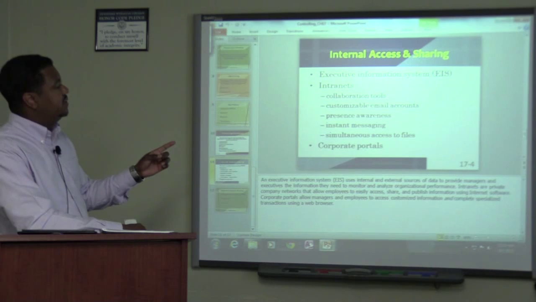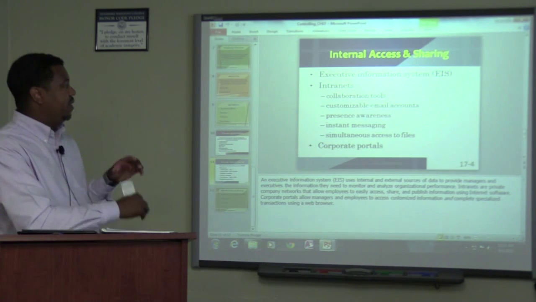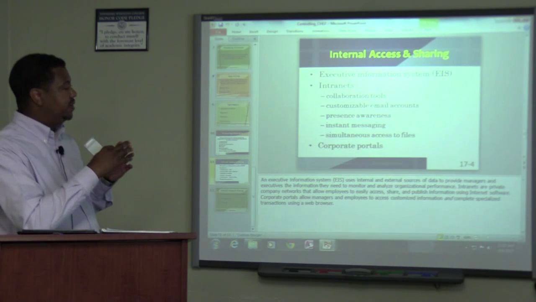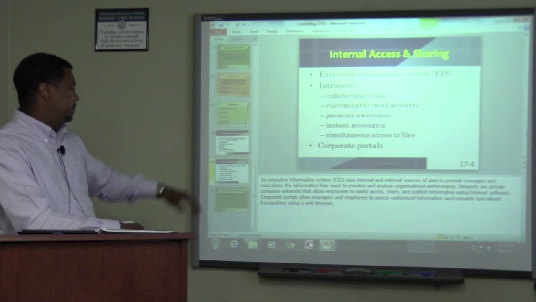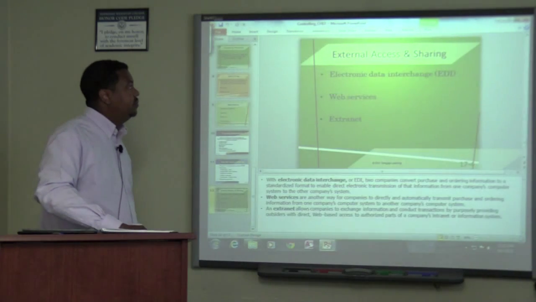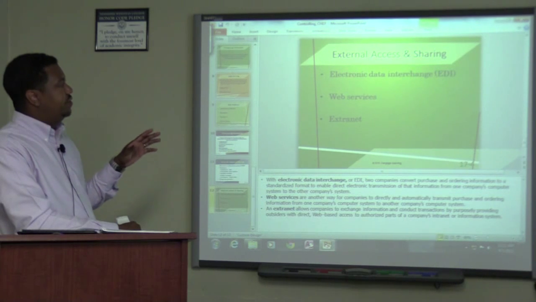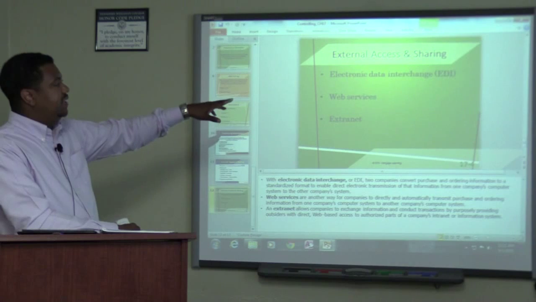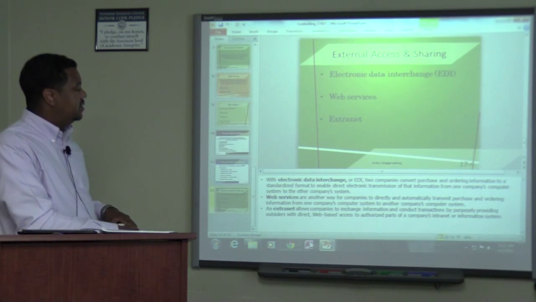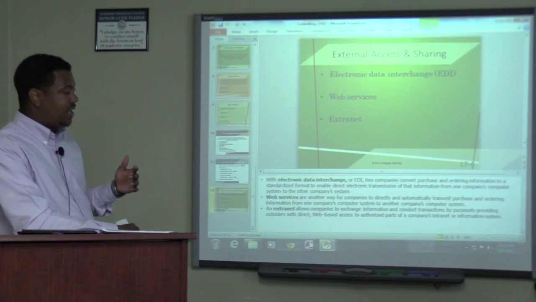Another one is the executive information system, basically creating an intranet where individuals, especially executives, can have access to corporate information. And then finally, we see the importance of having external access and a sharing process. A lot of organizations use electronic data interchange and web service processes that we continue to see a lot more as time continues.